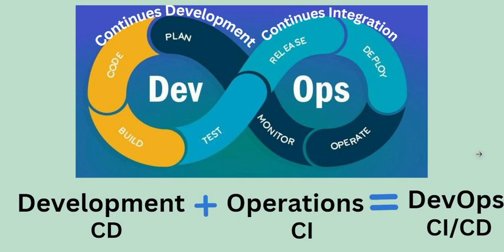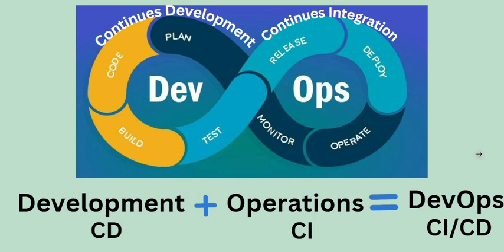In case of operate, the user starts using the product. Now the team looks after the production environment and the performance. Next we go for the monitor, where we monitor the application in the real world.